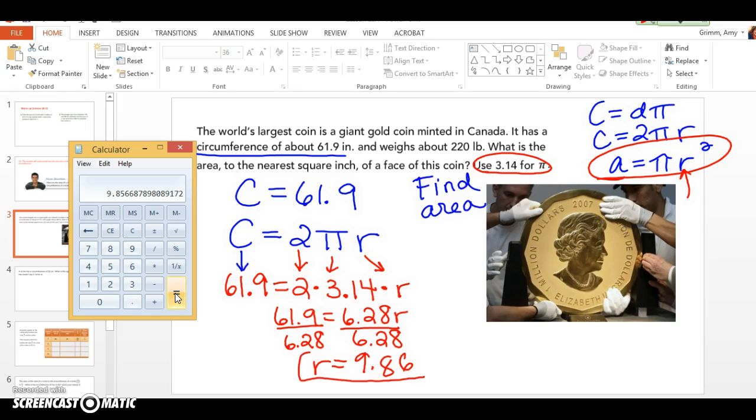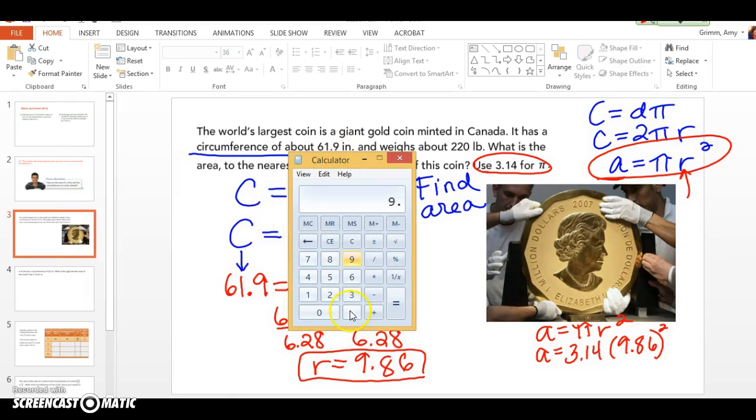Now I know radius. Now what do I have to do? Square it. Plug it back into this one, right? So square it and multiply by pi. Okay, so now I'm going to plug it back into this formula. Pi r squared. So area equals 3.14 times 9.86 squared. And I'm going to just go to my calculator and do 9.86.